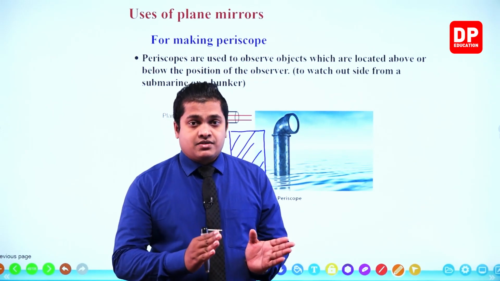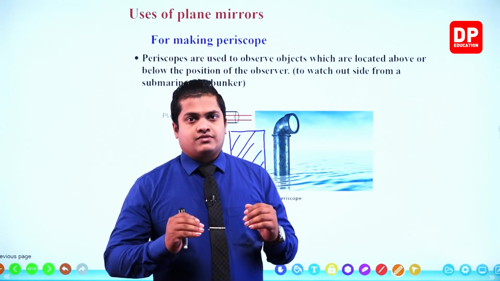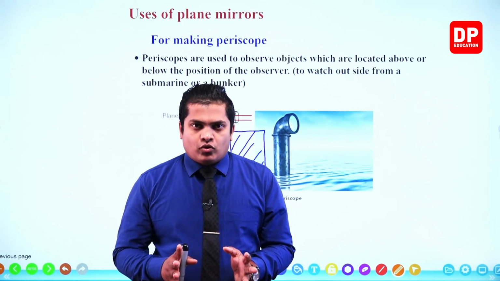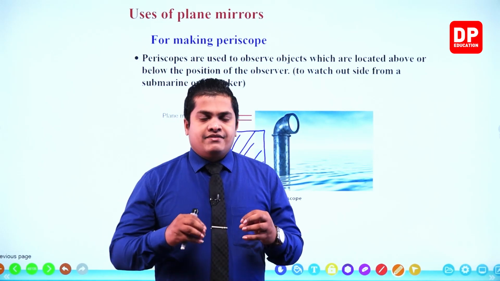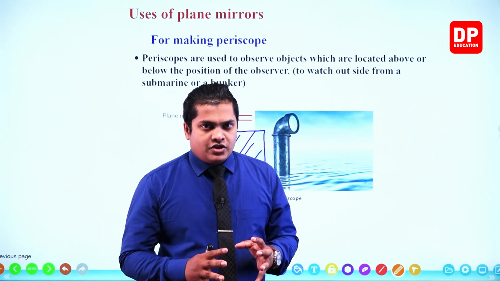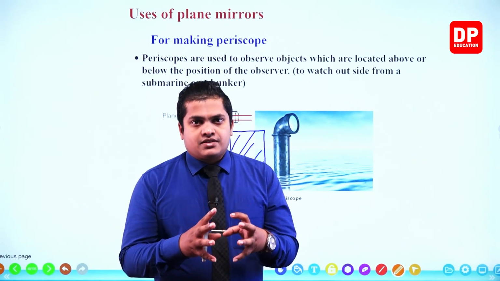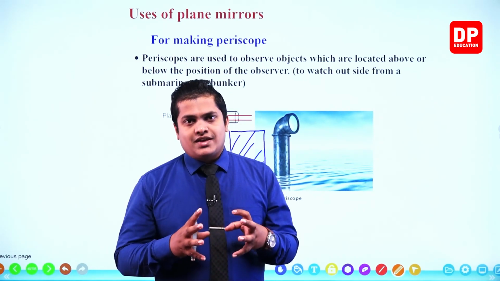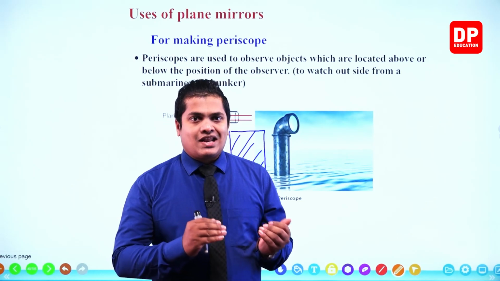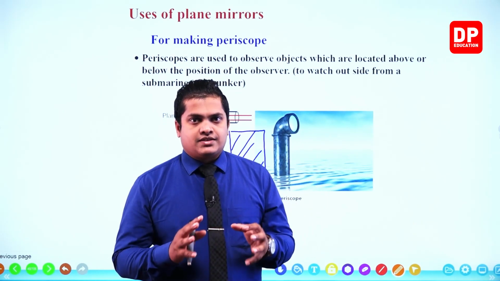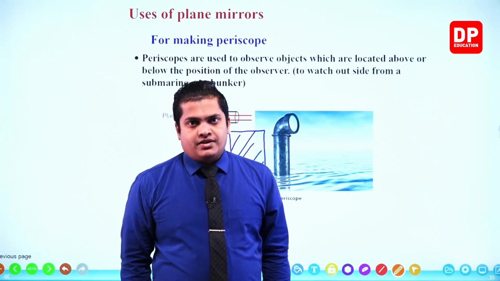First of all, we discussed about reflection, what kind of a thing reflection is. Then we discussed the laws of reflection, then images created by plane mirrors, then the properties of images created by plane mirrors by doing several activities. Then finally we discussed the uses of plane mirrors.